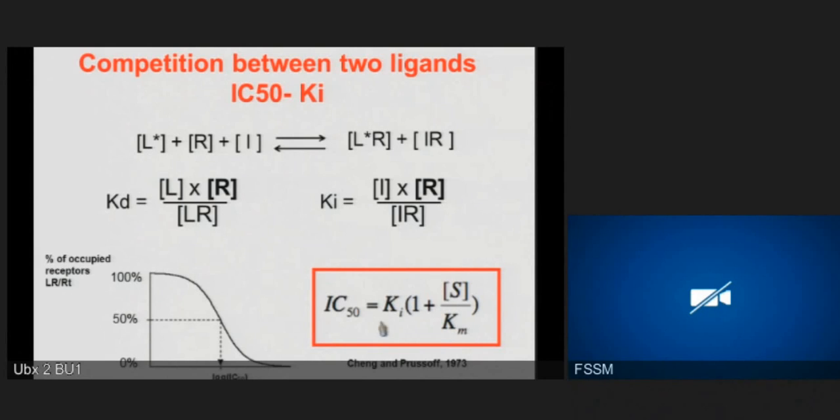This is the parameter that is important. Sometimes it is close to IC50, it depends on the protocol, but this is a constant. This is not a constant.